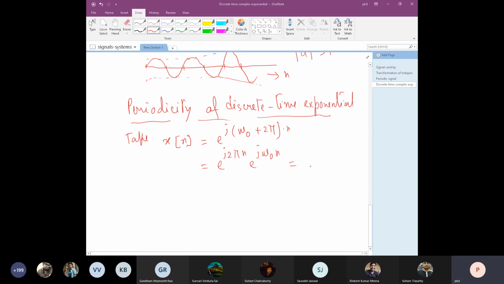Because n is an integer, this is nothing but exponential of j omega naught n. Exponential of j pi n is equal to minus 1 to the power n. Therefore exponential of j twice pi n is equal to 1 to the power n, equal to 1.